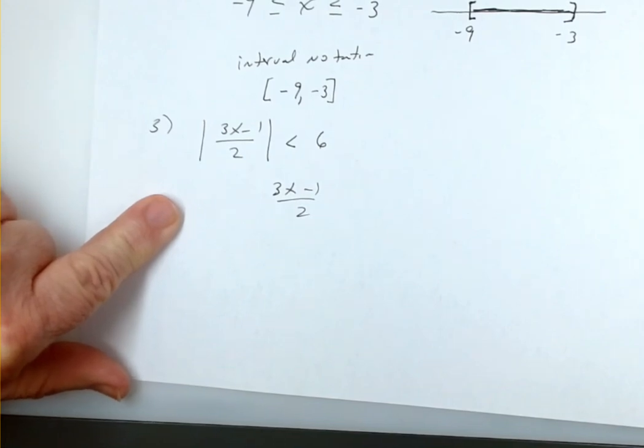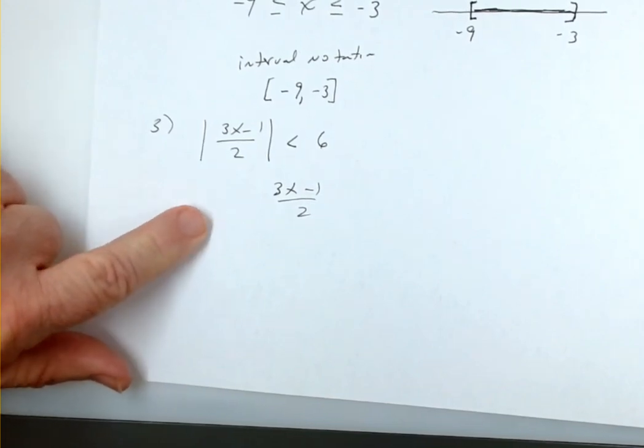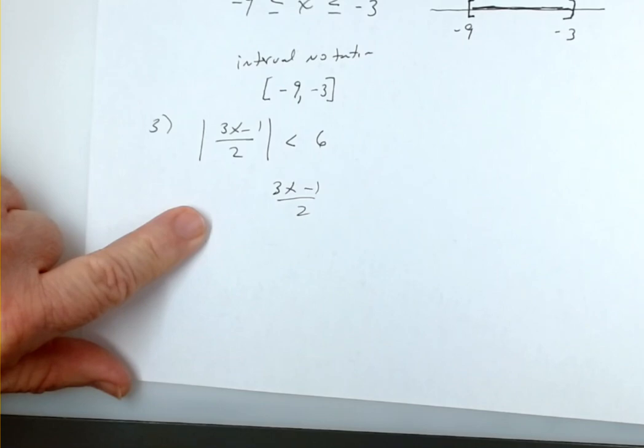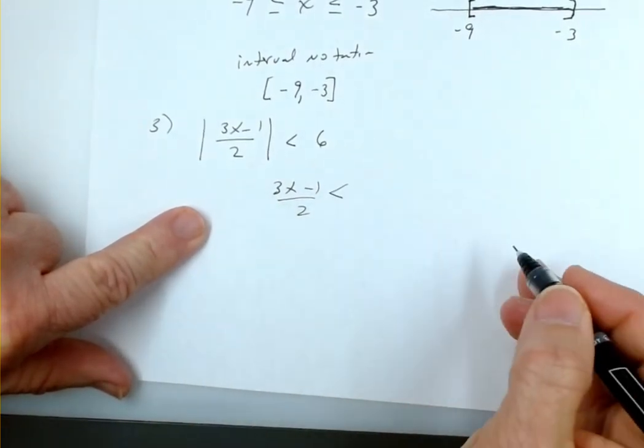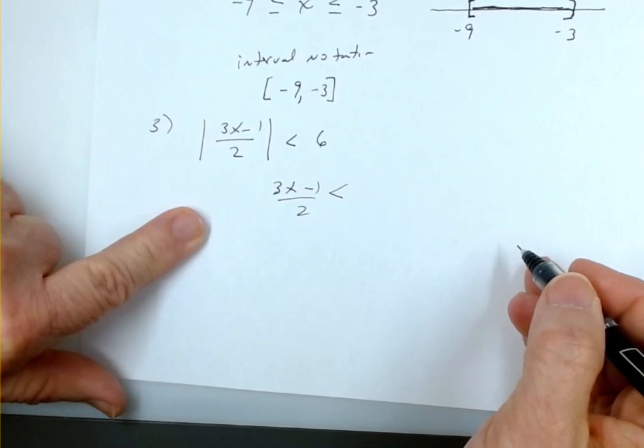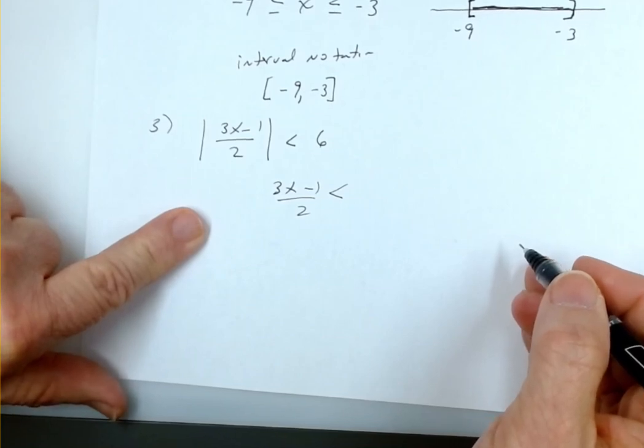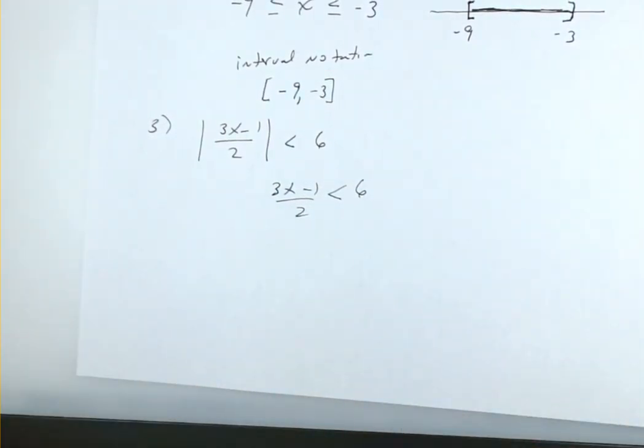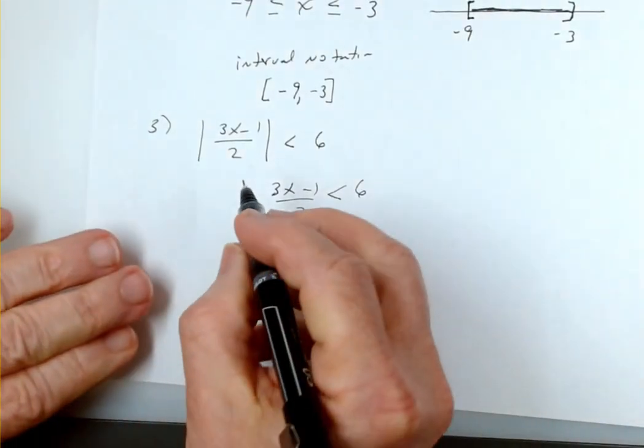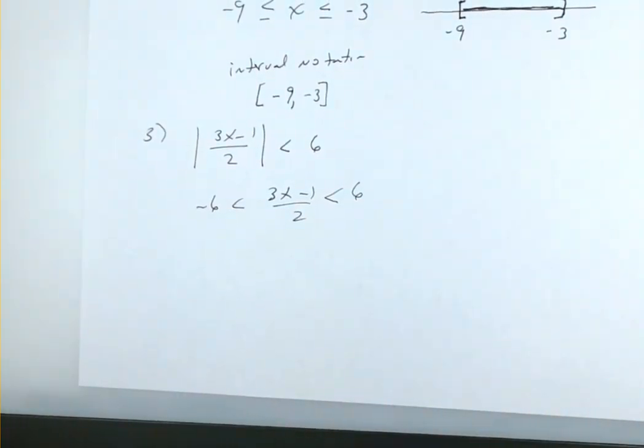You said greater than. It's not greater than, it's what? Less than. Less than what? 6. And at the same time, 3x minus 1 divided by 2 has to be what? Greater than negative 6. So there's your setup.